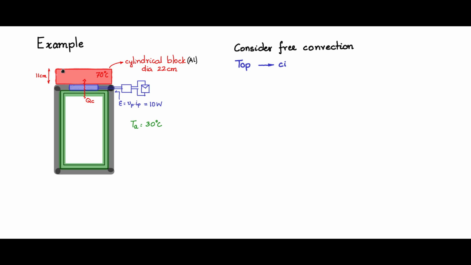In this aluminum block, there are only two possible surfaces. One is the top surface, from which heat can go out, and the other is the side surfaces. It is a cylinder, so the entire side surface can also let heat go out into the ambient. Those are the only two surfaces where the heat can go. Remember that we have placed thermocol everywhere, so there is no chance of heat going from any other direction.